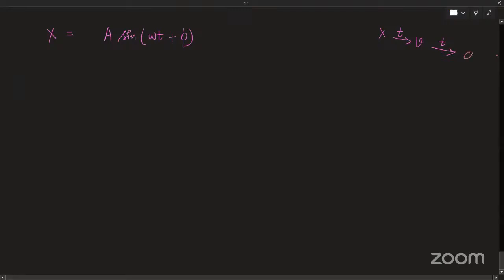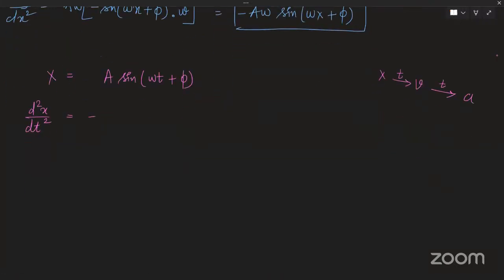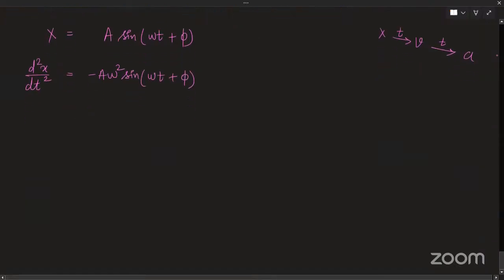So if you differentiate x with respect to time two times, you get minus a omega square into sin of omega t plus phi. This quantity represents the acceleration of the particle. So you can directly see that your acceleration can be represented as minus omega square times x at any point.